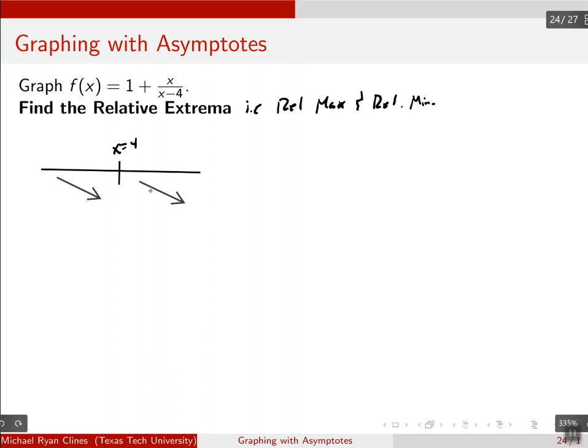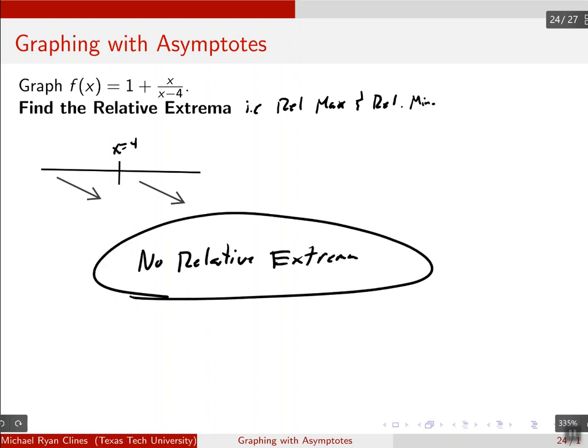So we had this. The first derivative tells us we have a relative maximum if the function is increasing, levels out, and starts decreasing, or a relative minimum where the function is decreasing, stops, and increases. Do we have either of those here? No, we don't. So there are no relative extrema.